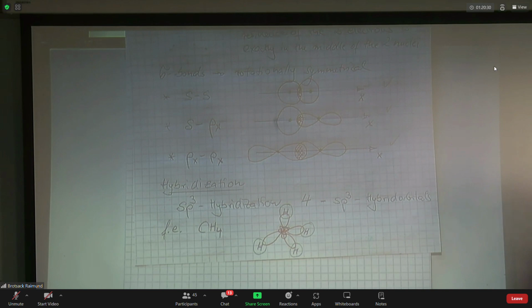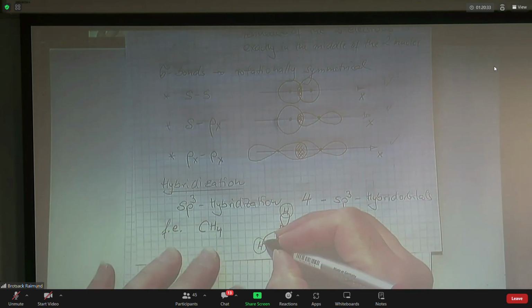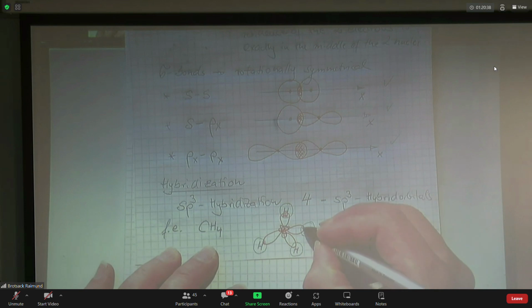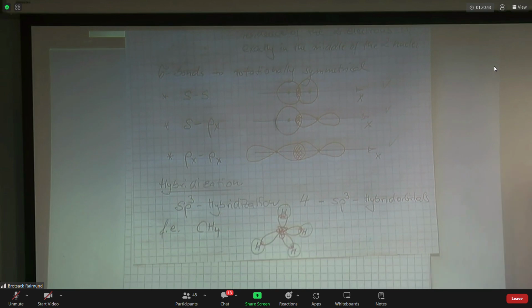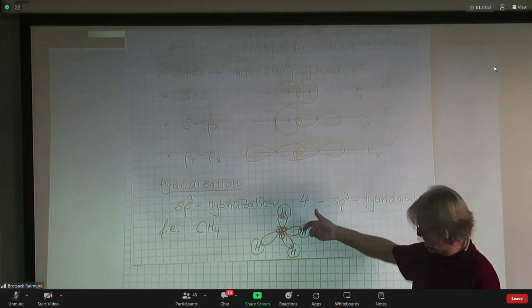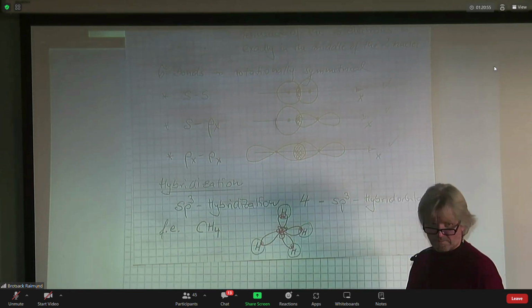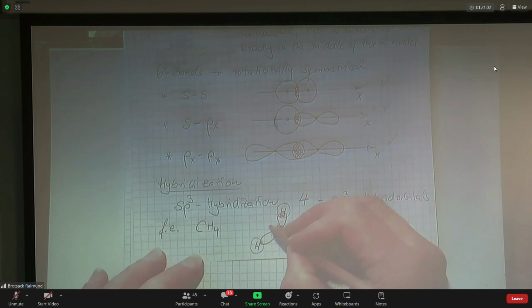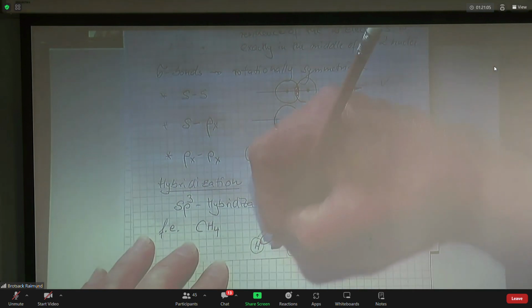Now we have 4 times that overlapping area, from the s and the sp3, the s and the sp3, the s and the sp3, the s and the sp3. So 4 times overlapping. Are they sigma or other type of bonds? Can we rotate here? We can. So it's in each case a sigma bond, and the structure in general is looking like a tetrahedron.